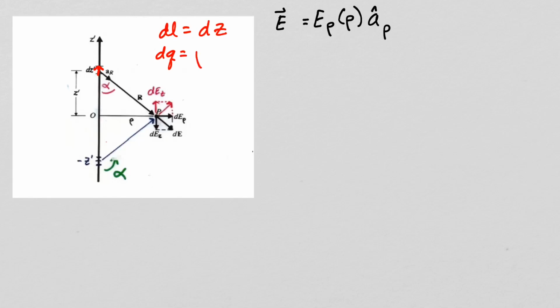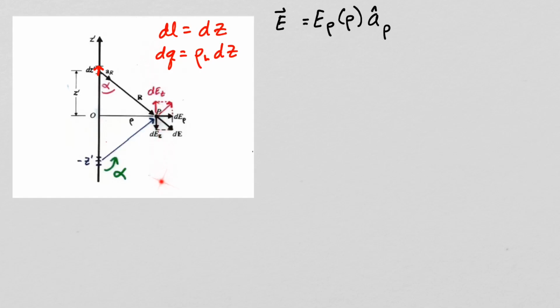Let's pick the point P here on the xy plane, a distance rho from the line charge, to find our electric field intensity. Since the electric field intensity only depends on rho, it doesn't matter that we picked a point on the xy plane, because if we move in the z direction, we'll get the same result as we did on the xy plane.